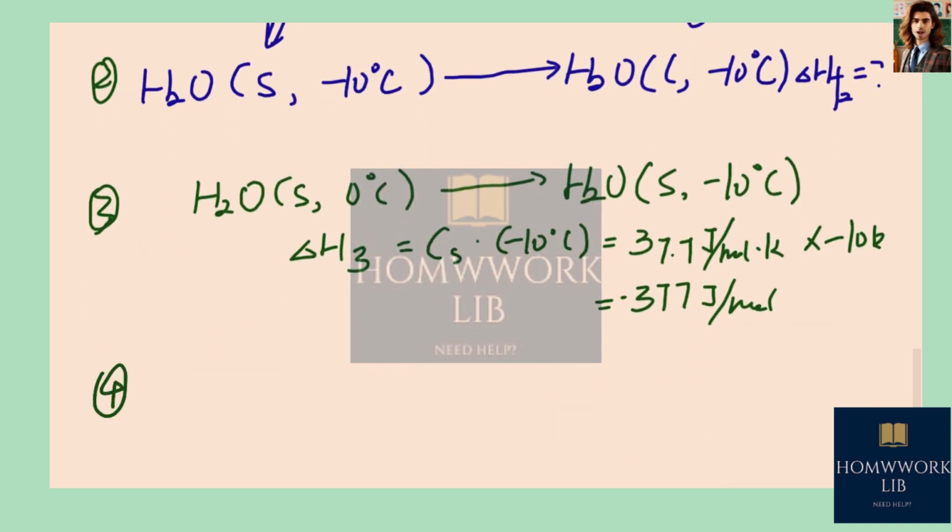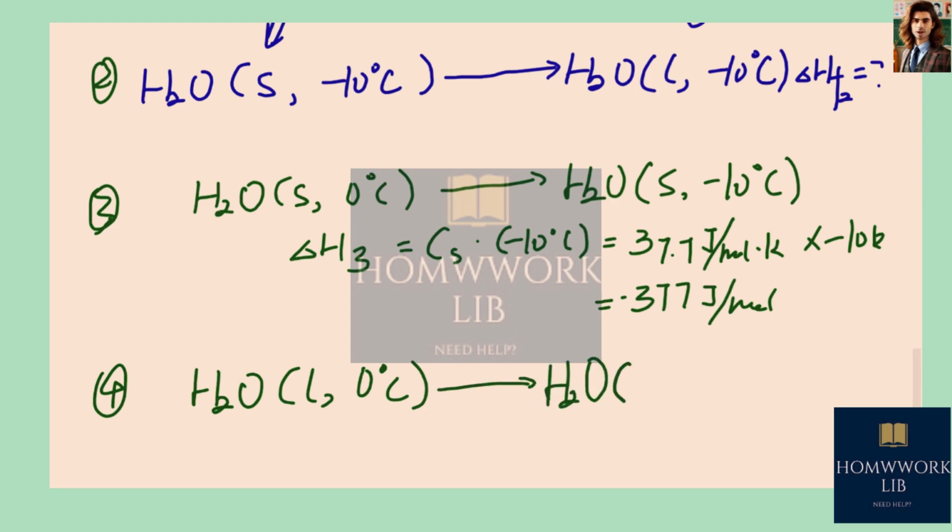And the fourth equation is basically the liquid at 0 degrees C. When you cool down the temperature, it stays in the liquid phase but goes to minus 10 degrees C. What's the energy involved? It is the heat capacity times the change of temperature.